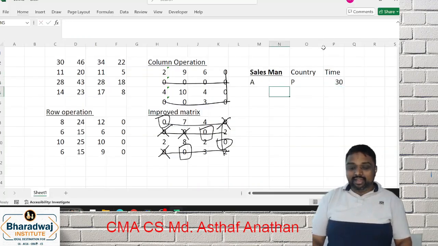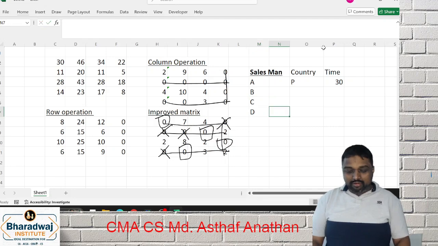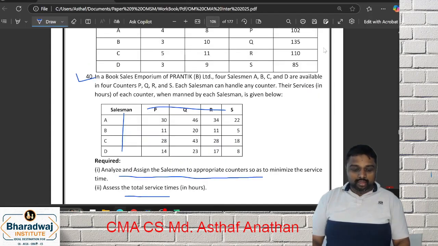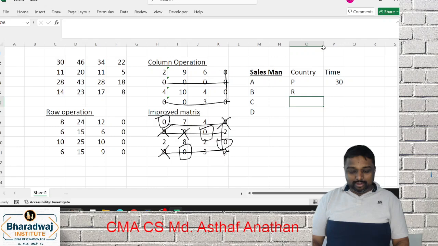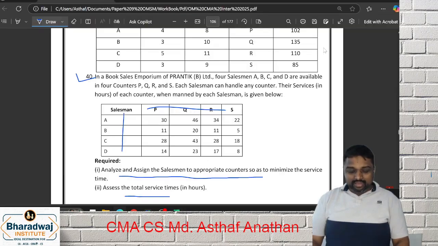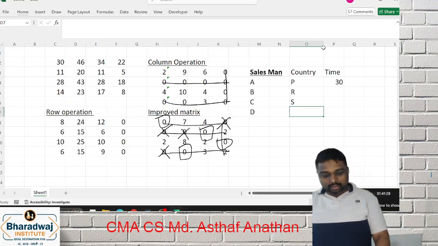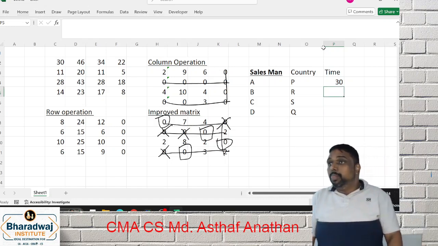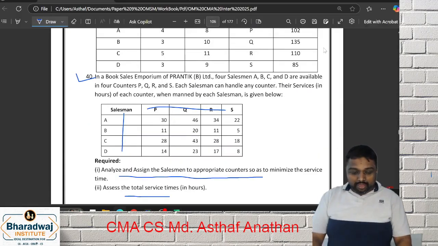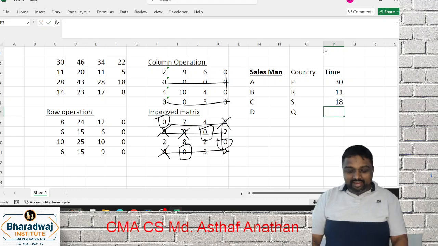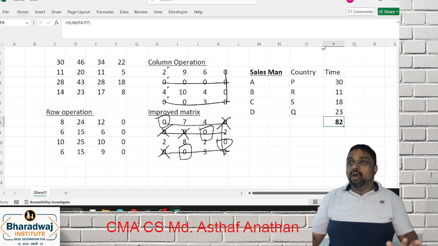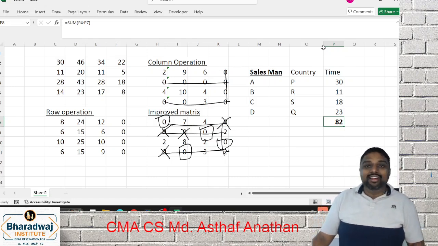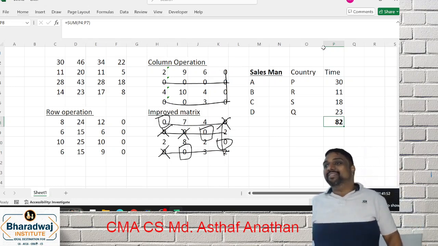What is the time? 30 hours. We have B, we have C, we have D. Next person goes to R. C will go to S. D will go to Q. You have to take the corresponding time also. B for R it is 11. C for S it is 18. D for Q it is 23. My dear friends, however you take it, everyone will get 82 hours.